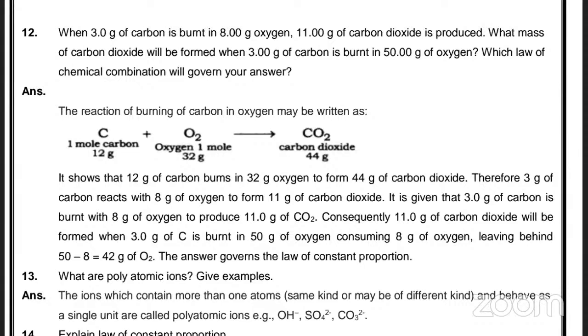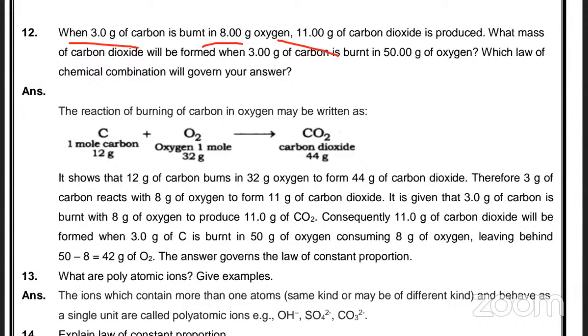Okay, the 12th is also very simple. When 3 gram of carbon is burnt with 8 gram of oxygen, 11 gram of carbon dioxide is produced. What mass of carbon dioxide will be formed when 3 grams of carbon is burnt in 50 grams of oxygen?